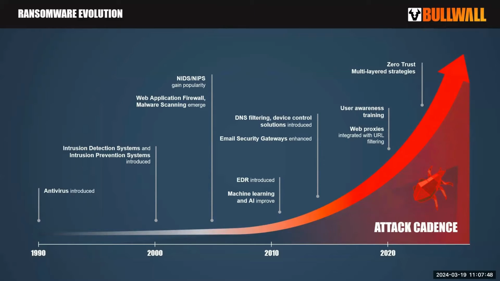And over the years, that's developed into things like next generation antivirus, EDR, XDR. We're currently within that phase of that zero trust or that multi-layered strategy to try and block that threat. But as you can see on the bottom half of the slide, that attack cadence is growing exponentially, even faster than the security industry is able to develop these technologies.